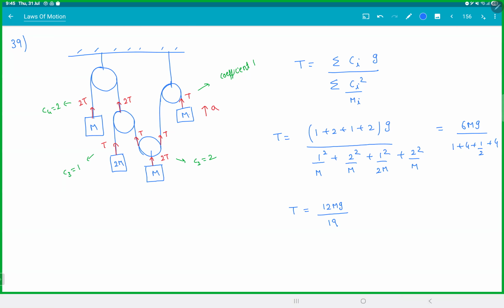I got T as 12mg by 19. Now take the block. Forces will be tension, mg, acceleration. 12mg by 19 minus mg is equal to ma. This gives you acceleration equal to minus 7g by 19. So it is not going up, it is coming down.